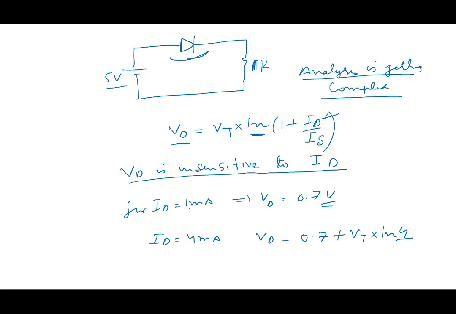So for 1 milliampere VD is 0.7, but if the current in my circuit is actually 4 milliamperes, then VD would be equal to 0.7 plus VT ln 4. What is VT ln 4? It is 26 millivolt multiplied by ln 4. How much is that? Somebody calculate.